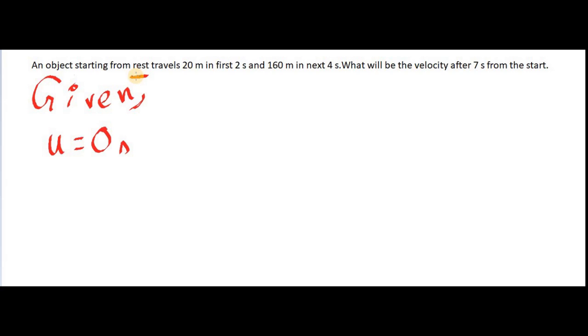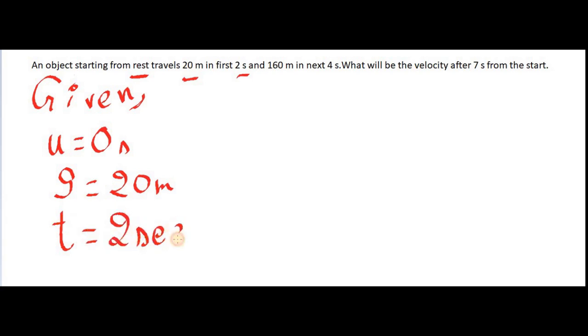Then s, which is nothing but distance, is 20 meters, right? 20 meters is the distance that we have here. And at last we have been given one more value in the first part, that is 2 seconds, which is time. So t is equal to 2 seconds.